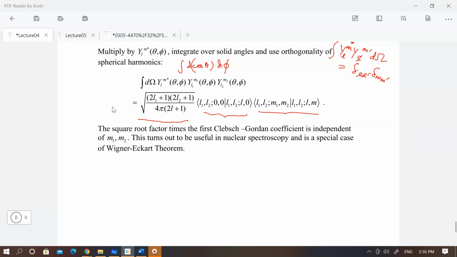And the fact that this part is independent of your L and M is a consequence of a theorem that we shall discuss in the next lecture, the Wigner-Eckart theorem.